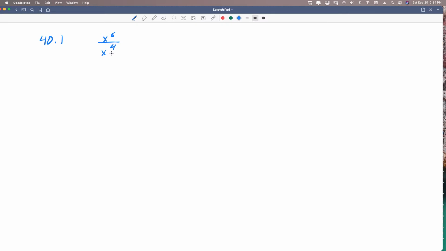So we know from our new rule that if we move x to the top, in the numerator, which is what this problem says it wants, then we need to subtract 4 from 6. So this becomes x to the 6 minus 4, which equals x squared.